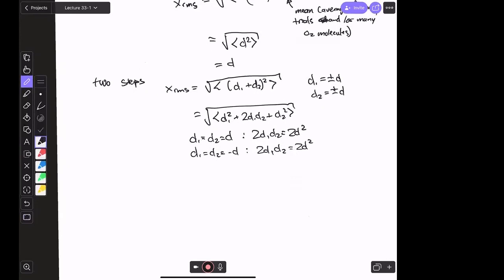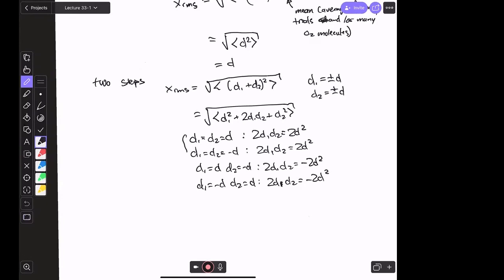Or we might have D1 equals plus D and D2 equals minus D. In that case, 2 D1 D2 would be minus 2D squared. Or we could have D1 equals minus D and D2 equals D, and then 2 D1 D2 equals minus 2D squared again.